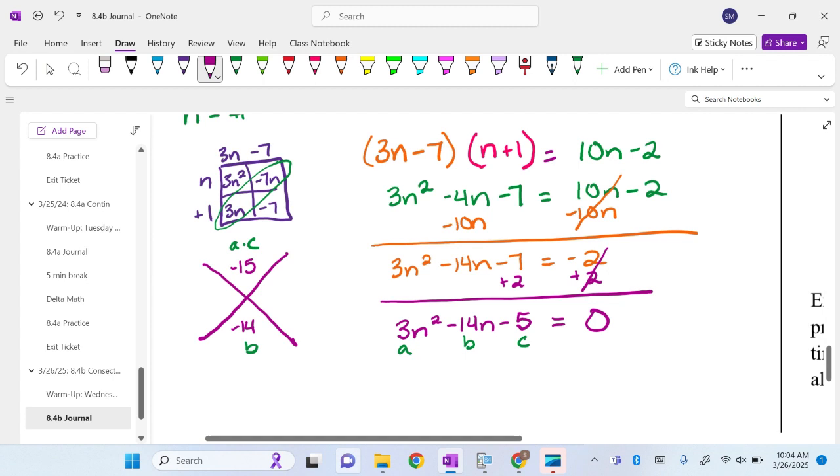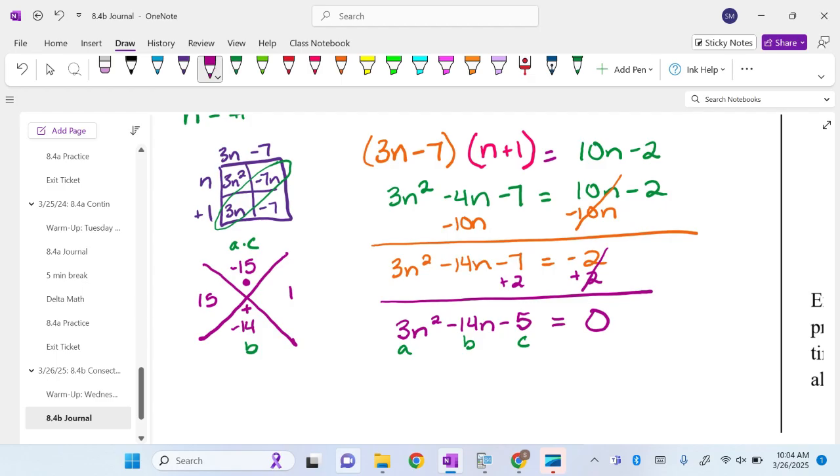So I need two numbers that will multiply to negative 15 and add to negative 14. Can anyone take a guess what those two numbers are? 15 and 1, good. But since we're multiplying to a negative number, one of them has to be negative. Which one needs to be negative?